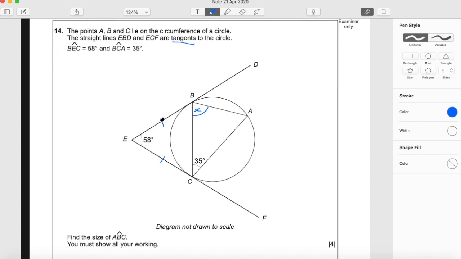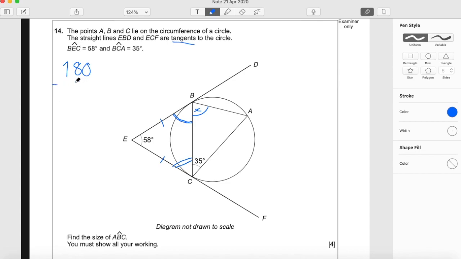So we can see here triangle EBC is an isosceles triangle. So these two angles here must be the same. We know that 180 degrees is the sum of all internal angles in a triangle.